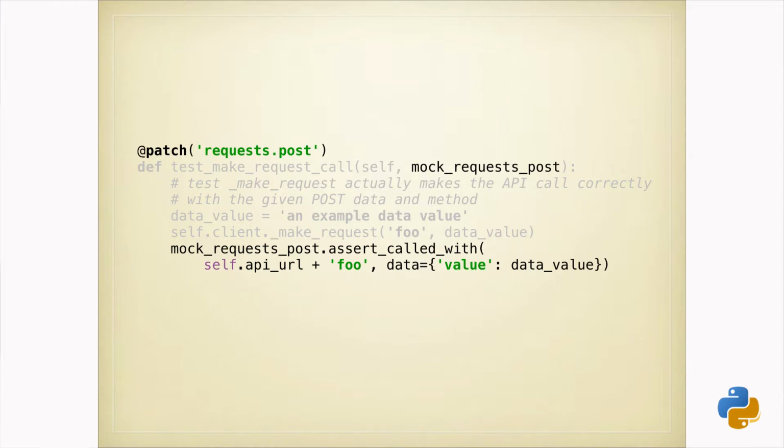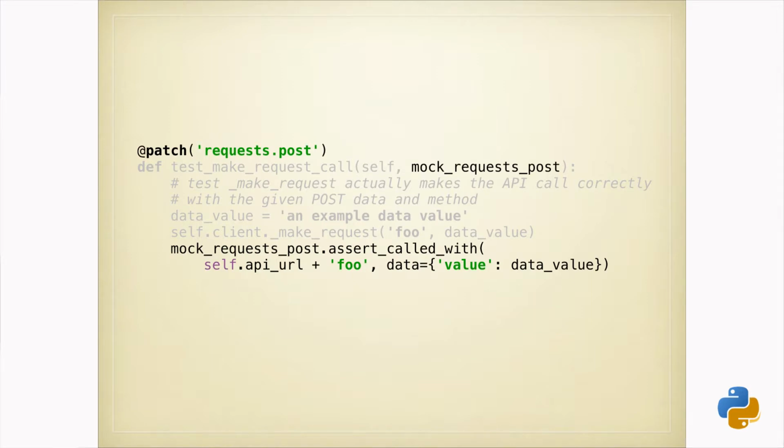In this case, I've named it mock request post. So since it's a magic mock instance, we get all the cool assertions that are built into magic mock. So once again, we can use the assert called with function to test that we're calling the correct API URL endpoint with the correct data that we provide in the test case.